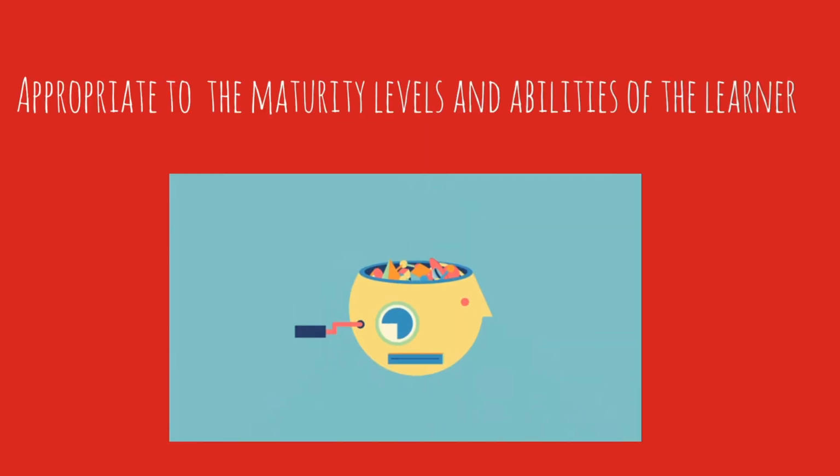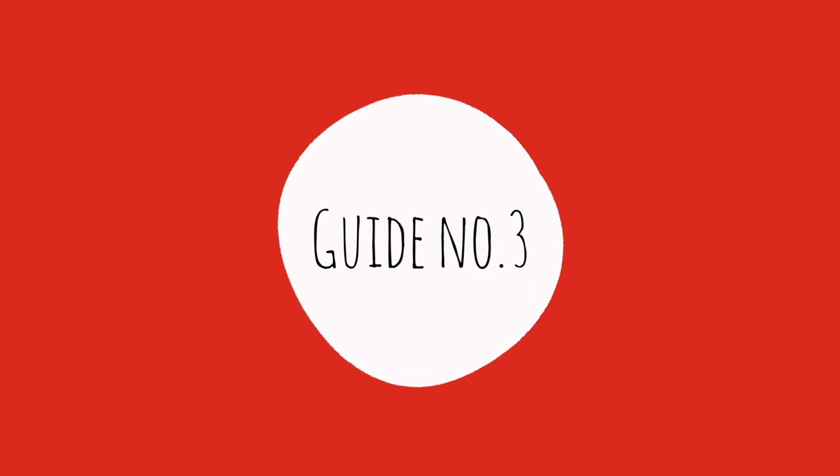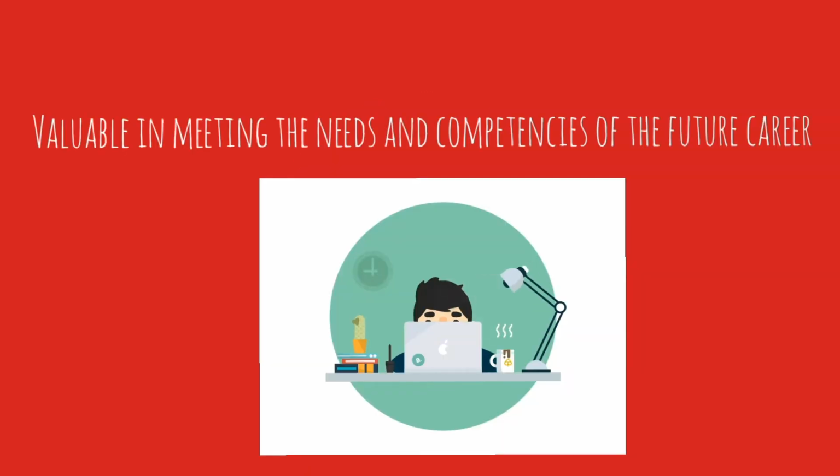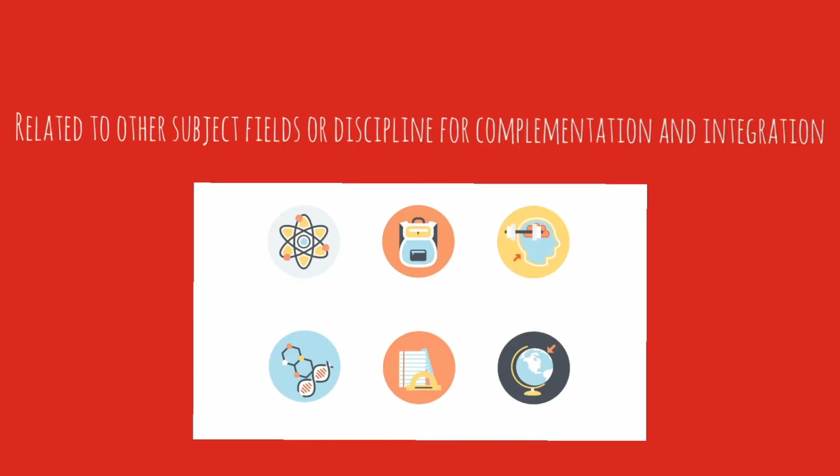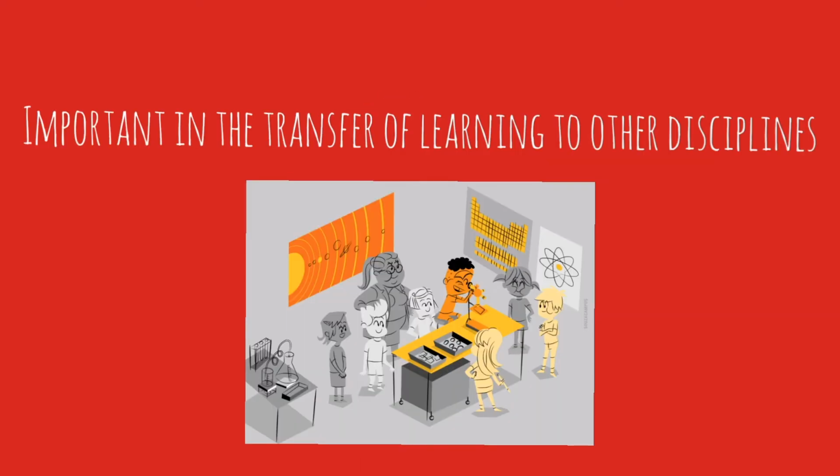It must be appropriate to the maturity levels and abilities of the learners. Guide number 3. The goal is to reach the needs and competencies for the future career. Guide number 4. It must be related to other subject fields or disciplines for complementation and integration. Guide number 5. It must be important in the transfer of learning to other disciplines.